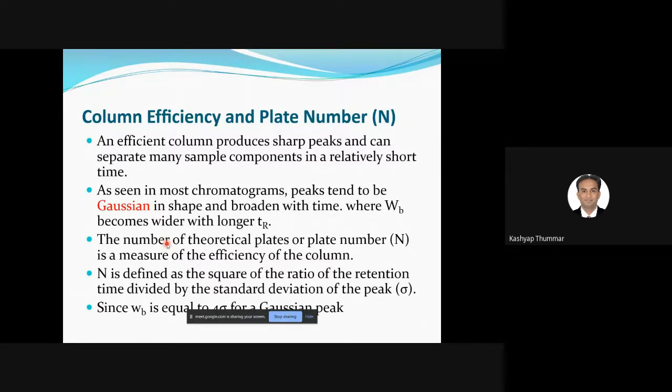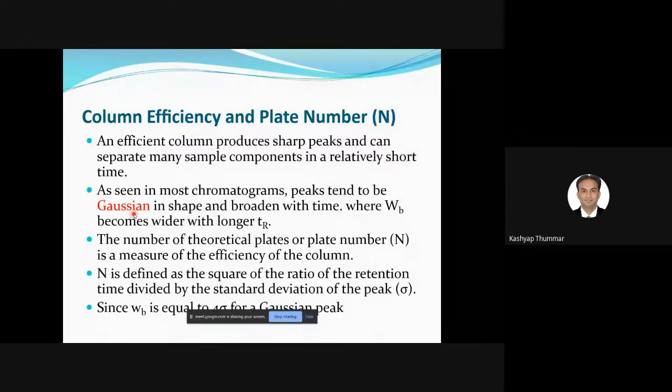As seen in most chromatograms, peaks tend to be Gaussian in shape. Again, the meaning of Gaussian, as I already told you, is the ideal peak shape. If you divide the peak in between, and part A and part B are both equal, then it is called a Gaussian peak. So it is an ideal peak.